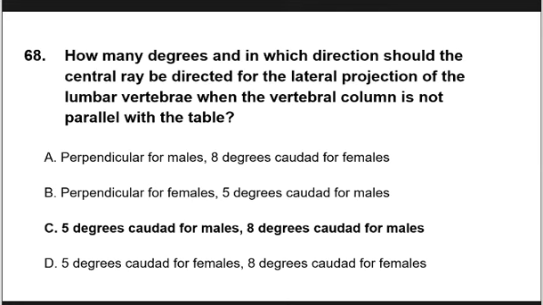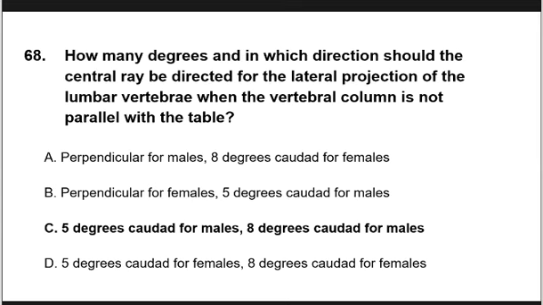Ilang degrees ang angulation? 5 to 8 degrees. So the central ray angulation, okay, so when the vertebral column is not parallel with the tabletop in the lateral projection, then the central ray should be angled by 5 to 8 degrees caudally.